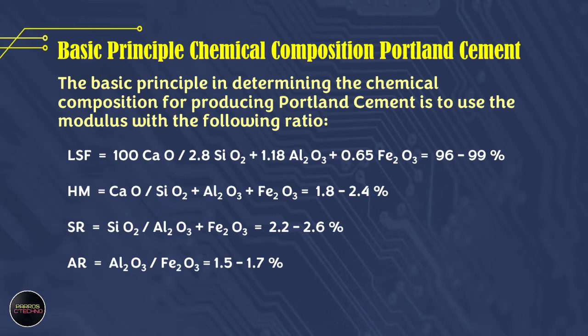AR or alumina ratio is Al2O3 divided by Fe2O3, about 1.5 to 1.7. These formulas are used to determine the raw mix design, which we will explain in the next video.